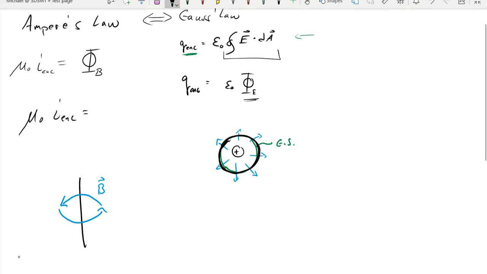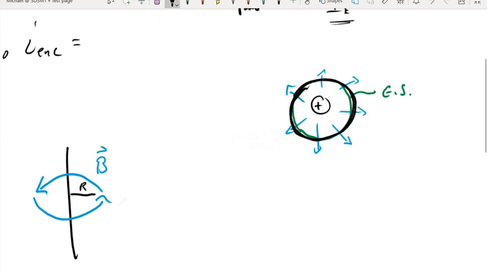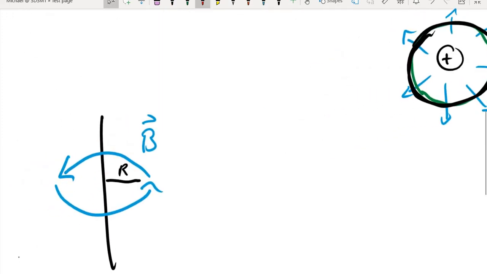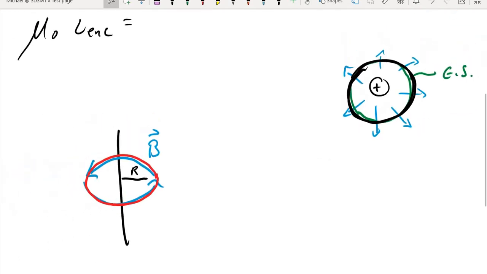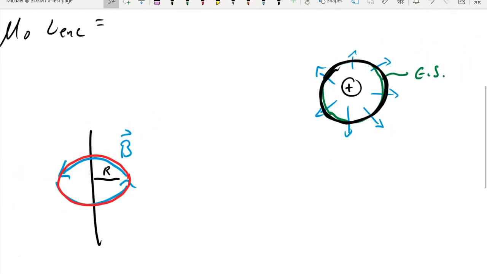Everywhere on that path of, in this case, radius r, we want that magnetic field to have the same magnitude at all points on that path. Well, it would make a lot of sense if we just put that path right there where the magnetic field is.